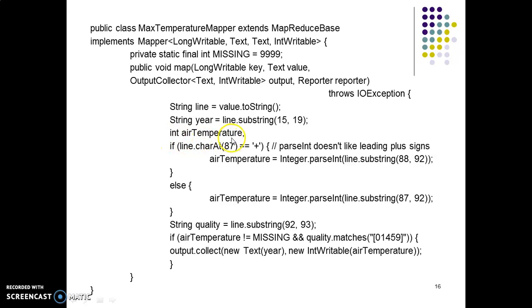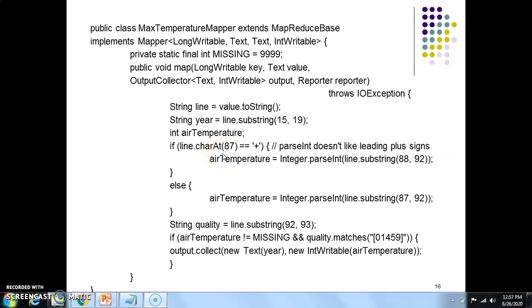Similarly we get the air temperature. Sometimes some people use a plus and minus for the temperature, and some use a plus for that. To avoid that plus we use if charAt(87), so we are just ignoring it, and we use airTemperature equals substring 88 to 92, which is the place of that.